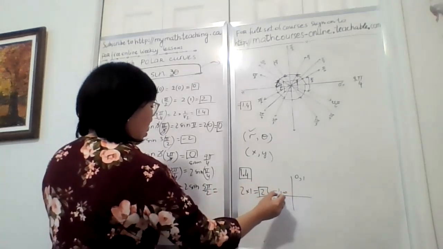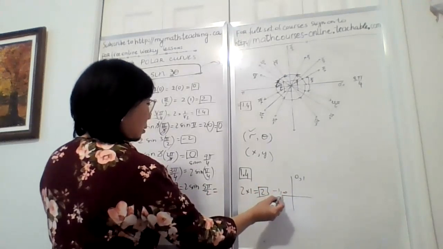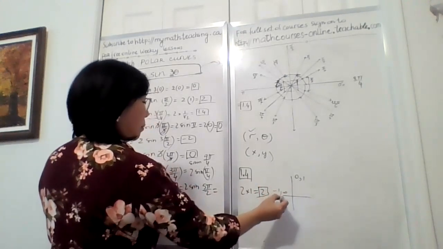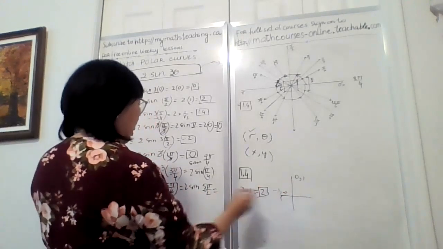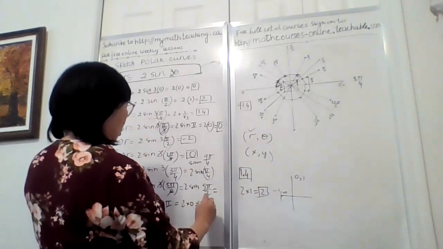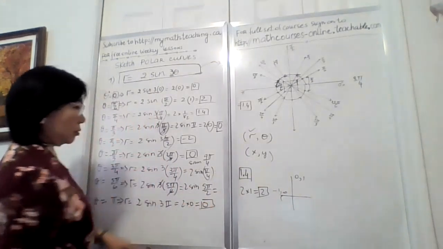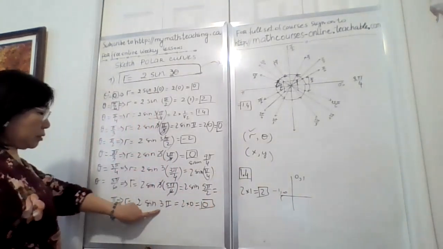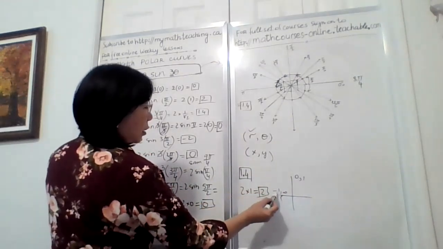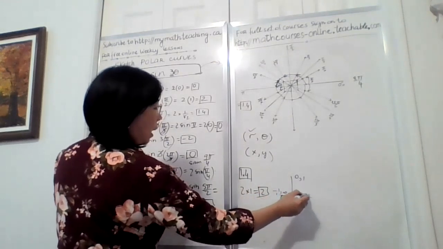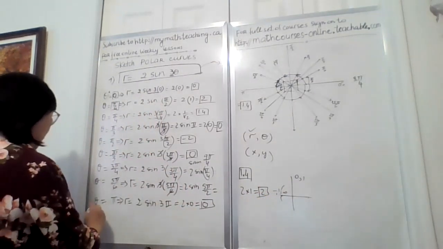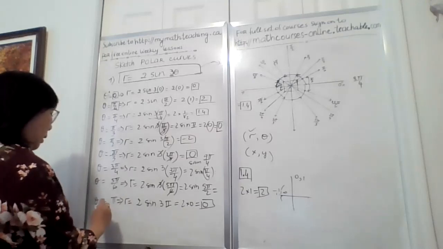You see 1 pi, back in here is 2 pi, and 3 pi back in the same position, right? So that is 2 times 0, which is 0. You see what I mean, right? Sine 3 pi, so here is 1 pi, back here 2 pi, back here 3 pi. So the same position, which is 0. So theta equal pi.